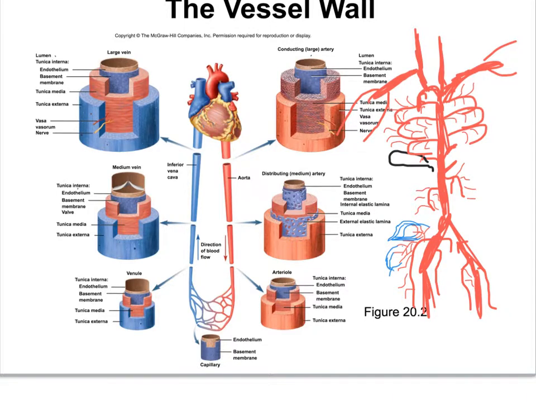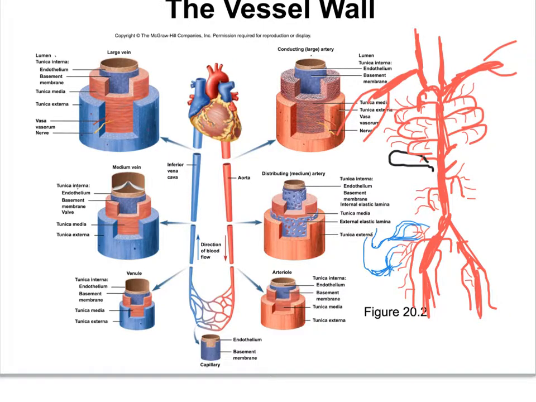And so you see here, the capillaries are where gas exchange happens. You drop off your oxygen, and then capillaries are going to collect into venules, which are basically the equivalent of arterioles. They're small veins.